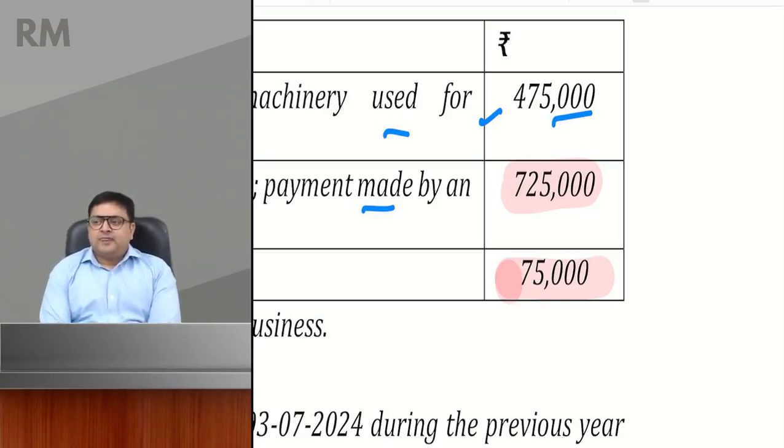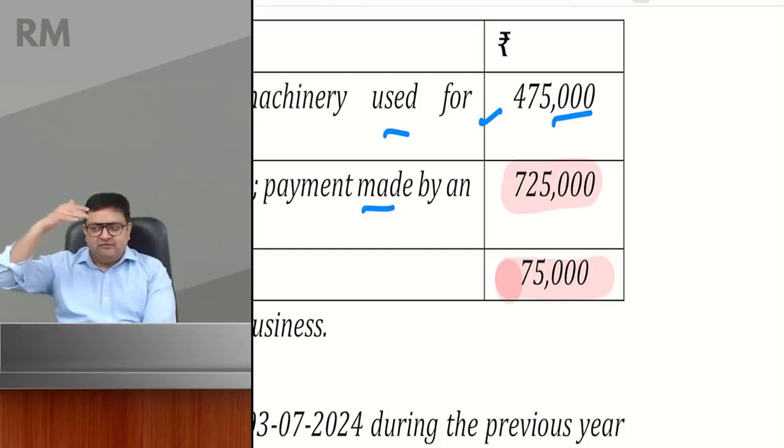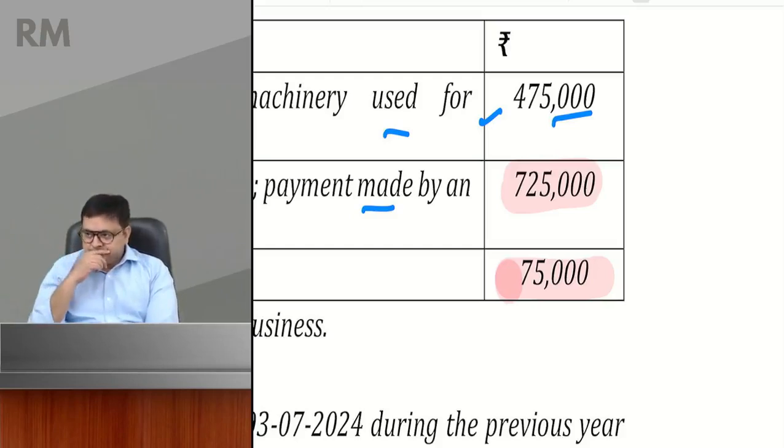Very good. Whenever we receive a subsidy on any asset, our asset value will be reduced. There is only one method; even the accounting standard says only one method.